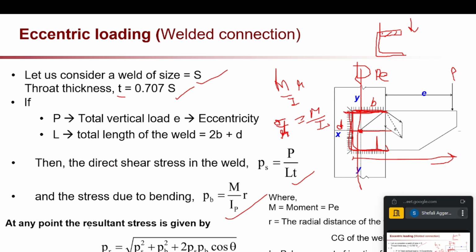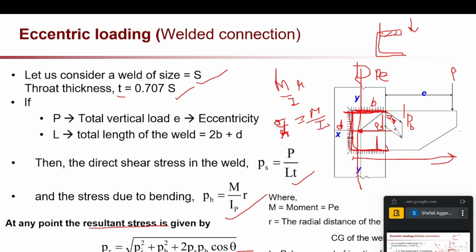So what will be our resultant stress? It is the square root of PS square plus PB square plus 2 PS PB cos theta. Theta will be the angle between these two stresses. This angle will be our theta. This vertical line is PS, the stress due to shear, and this line is PB, the stress due to bending.